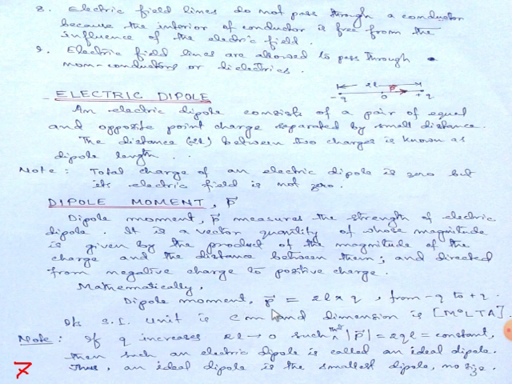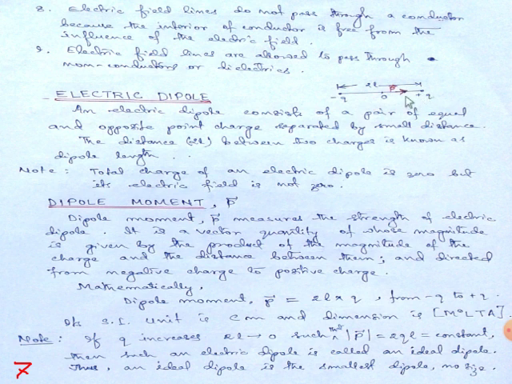Dipole moment is a vector quantity, that's why we generally write it as p vector. If it is a vector quantity, it has to have a direction. The magnitude is given by the product, 2QL, dipole length times the charge, and the direction will be from negative charge to positive charge.